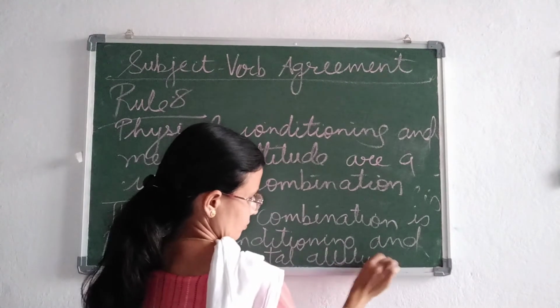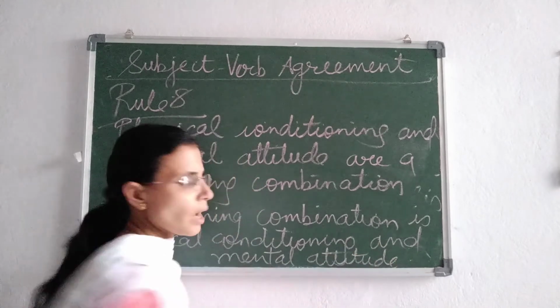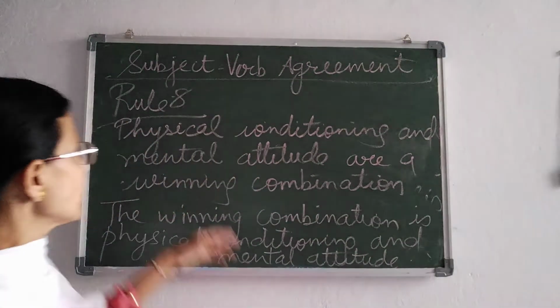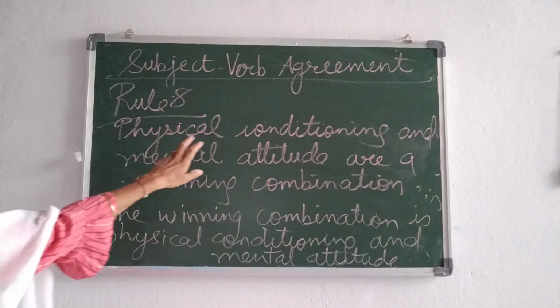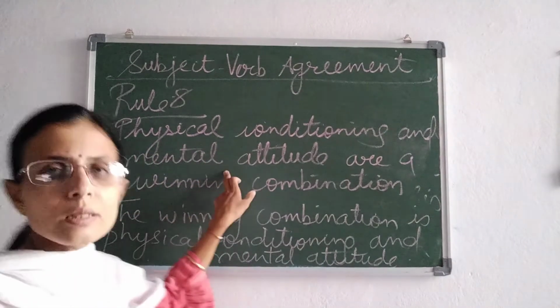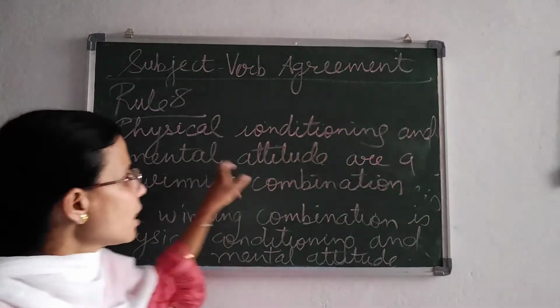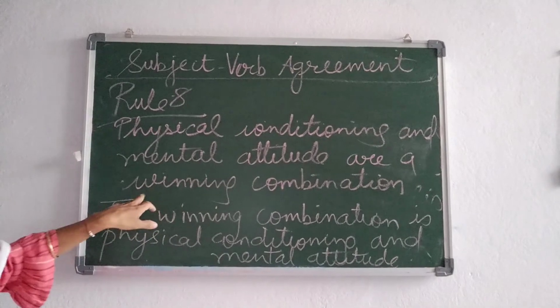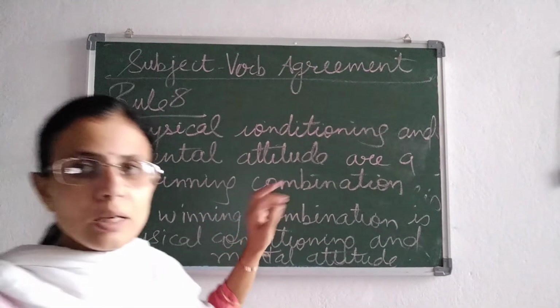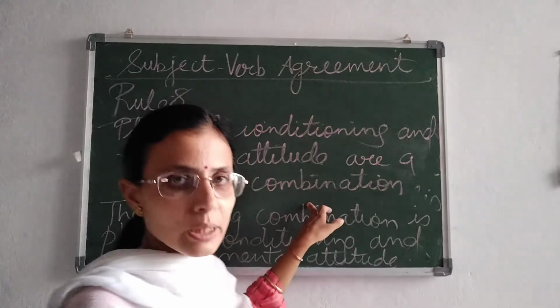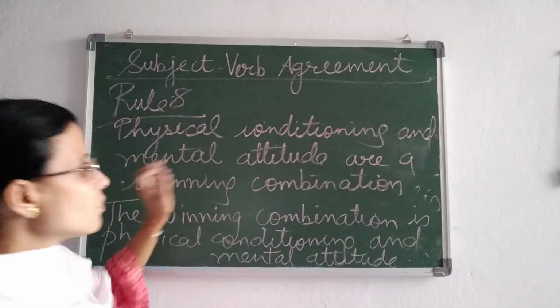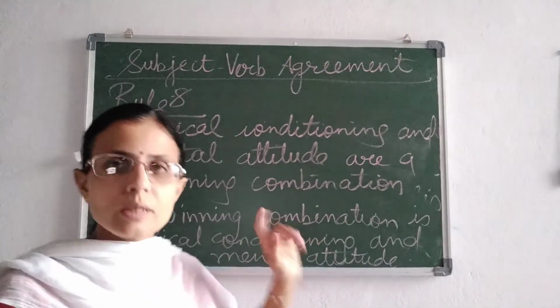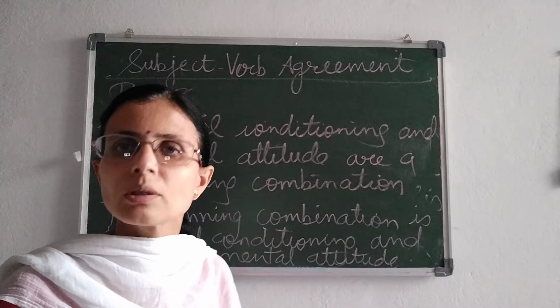Now I have reversed the sentence. Here there are two subjects. One is physical conditioning and one is mental attitude. Okay. And predicate. What is your predicate? Winning combination. Here predicate is winning combination. So the verb will be according to the subject, not according to the predicate.